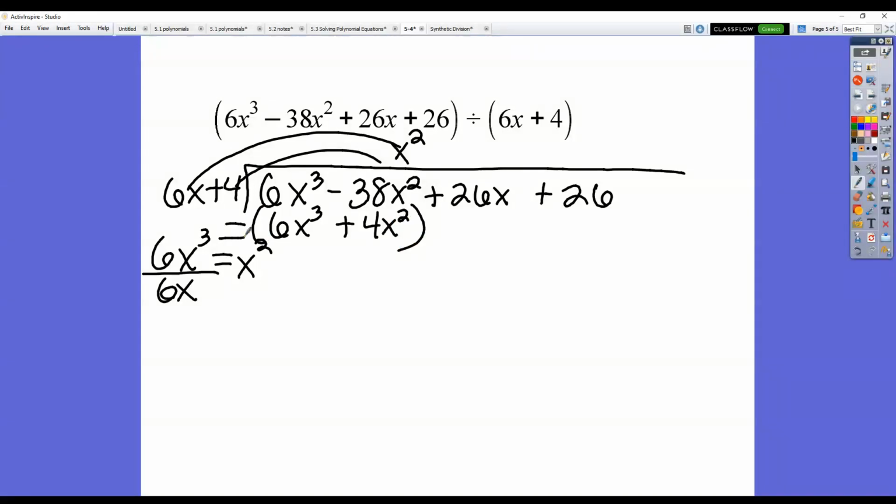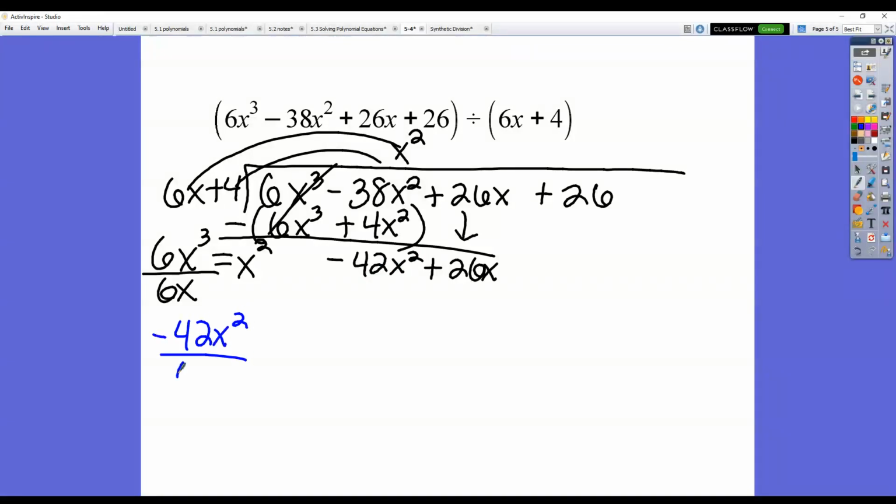And we subtract. First term cancels. Negative 38x squared minus 4x squared. Negative 42x squared. Changing colors. How many times can we take 42x squared divided by 6x? Well, that would be negative 7x times. Put negative 7x up here. And then we multiply.